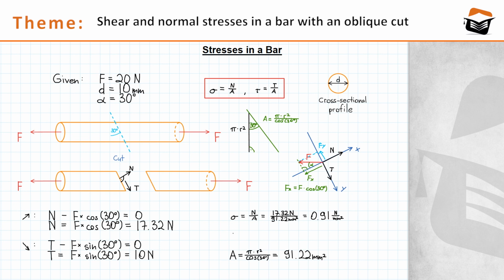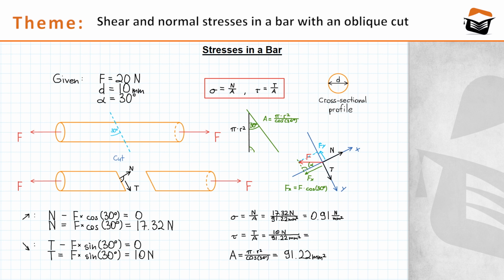And now let's compute the shear stress, tau, that's equal to T divided by A. T, in our case, is 10 Newton. And the cross-sectional area of the oblique cutting surface is still 91.22 millimeters squared.